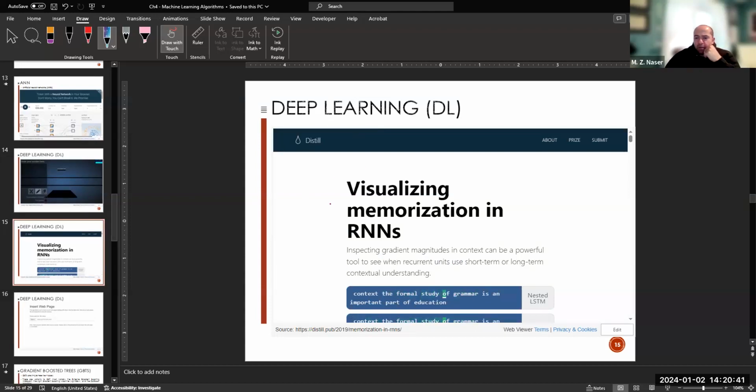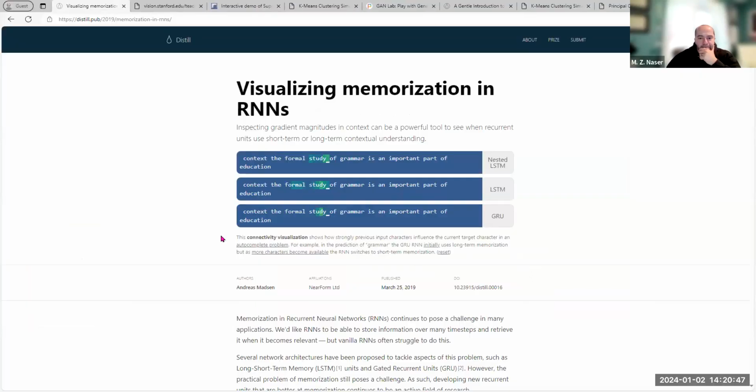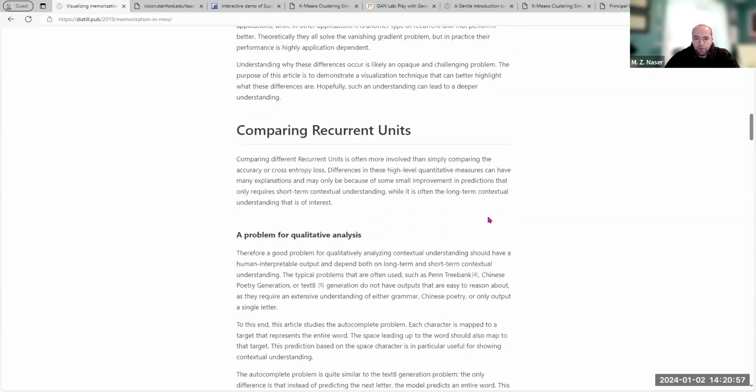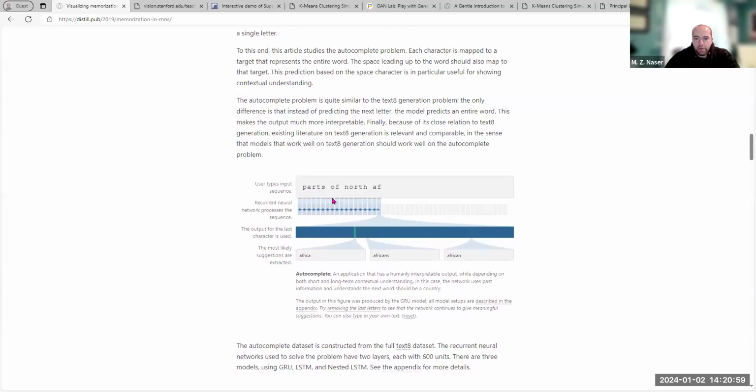When it comes to deep learning with text, this is another one that's actually very interesting. So we have different types of algorithms, like an LSTM or a GRU. But if we go all the way down, something like this.